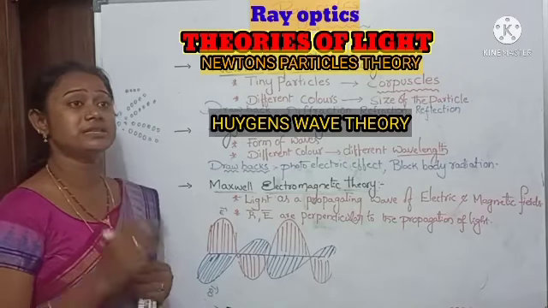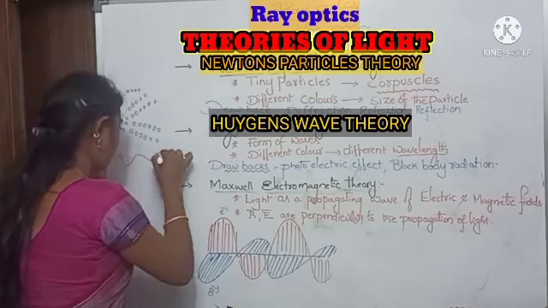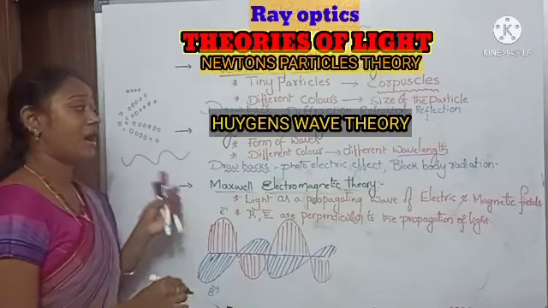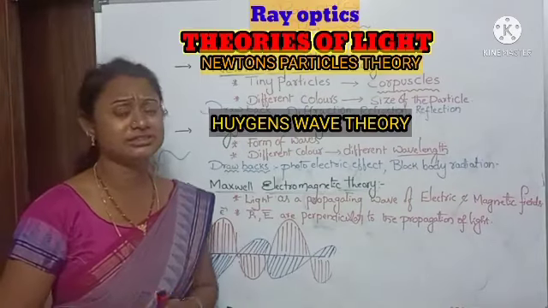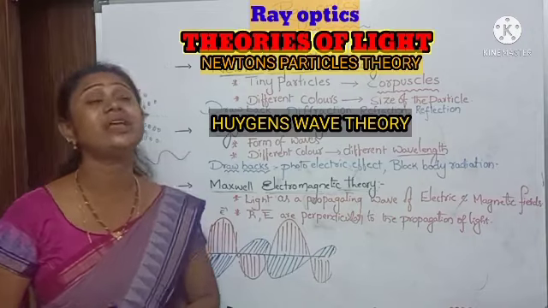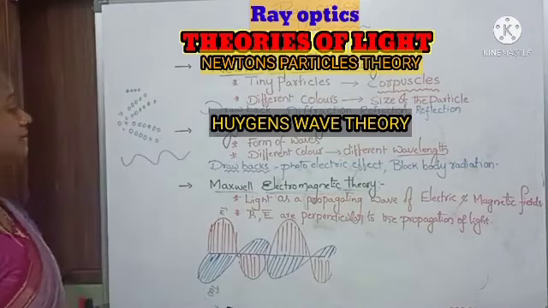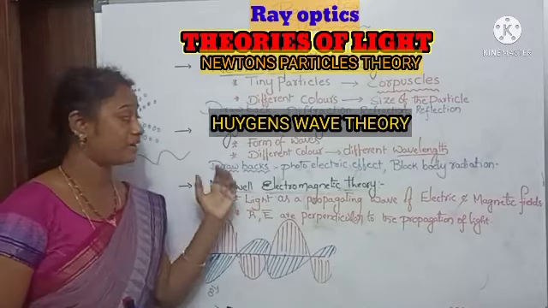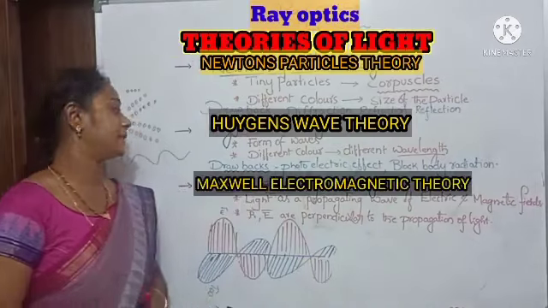According to Huygens, light travels in the form of a wave. And we know the different colors. The different colors of light are due to the difference between their wavelengths. So he fails to explain the photoelectric effect and black body radiation.